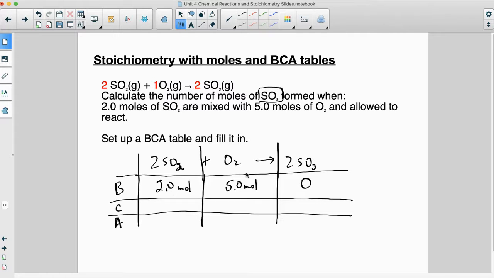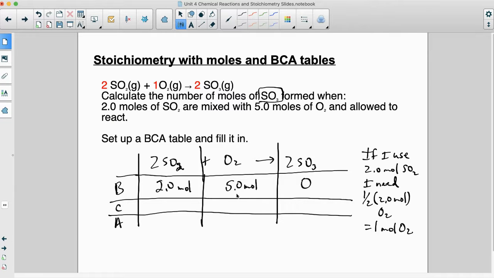If I use 2.0 moles of SO2, I need 1 over 2 times 2 moles of O2, so that equals 1 mole of O2.